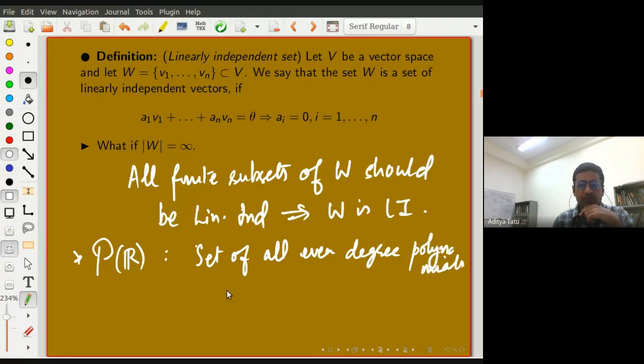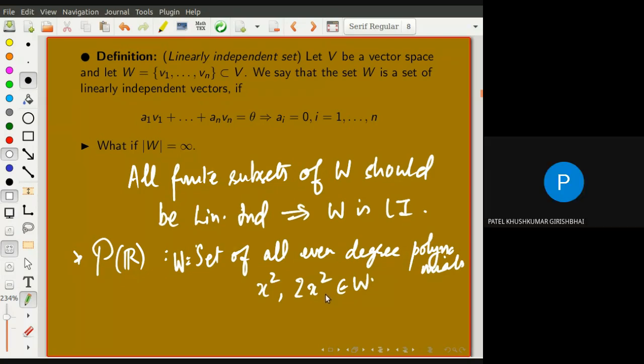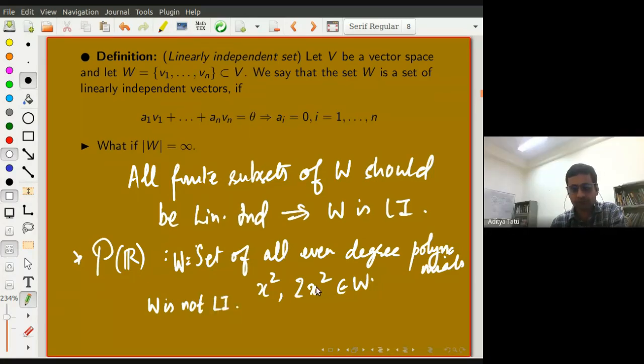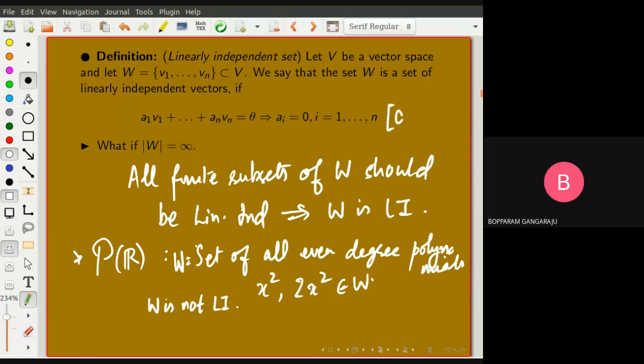For example, this will also have x squared. It will also have 2x squared in it, right? Both of them belong to W, but are they linearly independent? No, sir. No, right? Sir, here the coefficients ai belong to the field, right, sir? Yes, yes. Yeah, so maybe I should specify here.